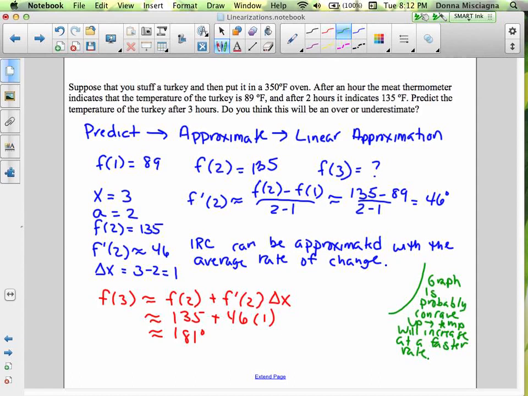If the graph is concave up, this is probably going to be an underestimate.